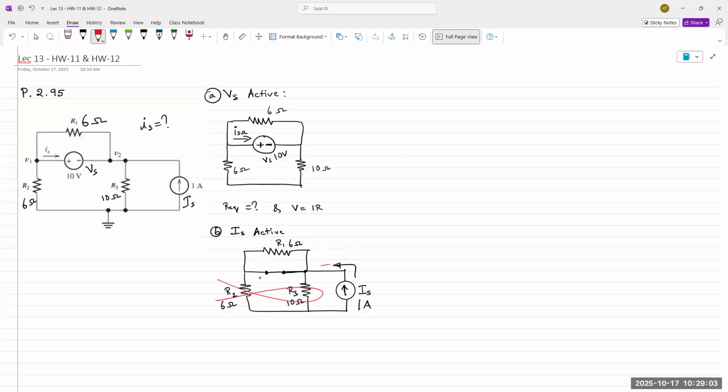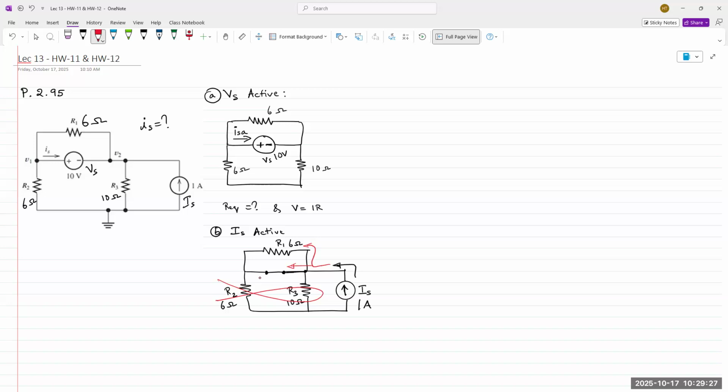You have IS coming in, it's trying to go this way, it's trying to go this way. Current will always take the path of least resistance. So if it's dividing between 6 ohms and the short circuit resistance of 0 ohms, what happens to IS?